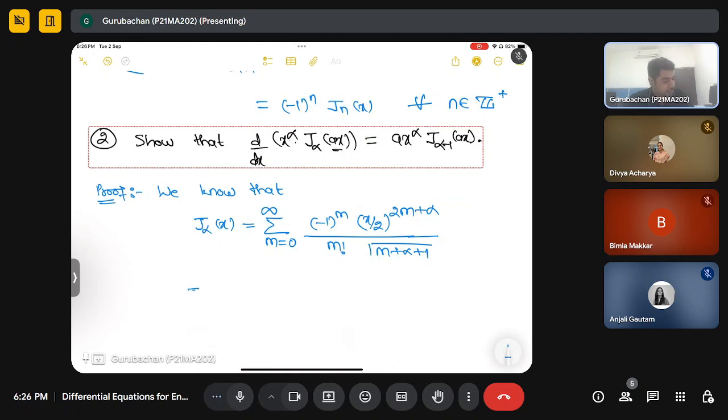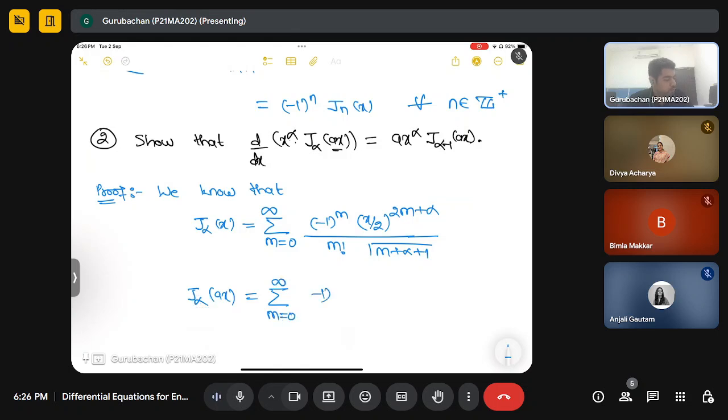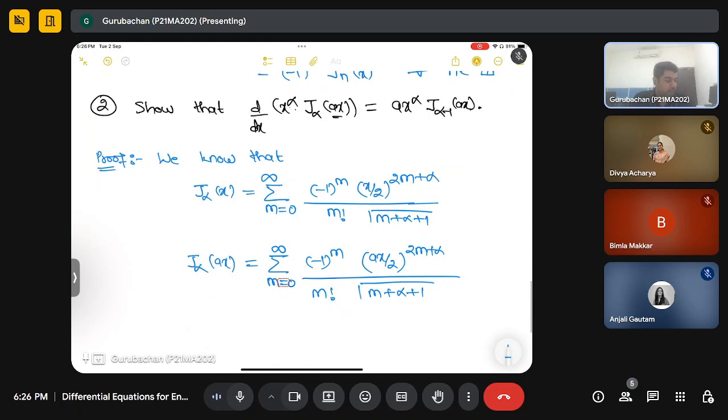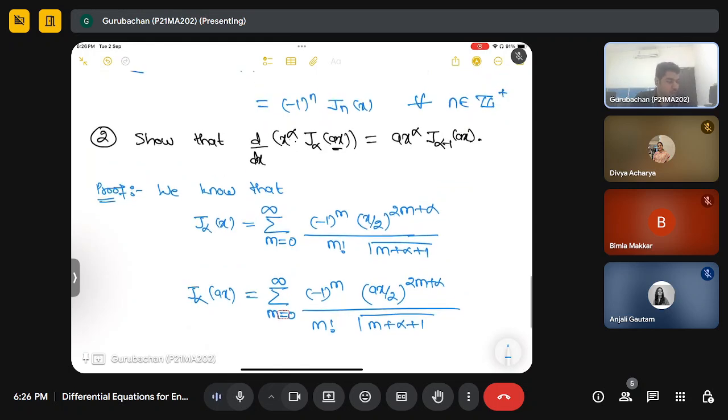So J alpha ax will give you the sum m from 0 to infinity, minus 1 to the power m, ax by 2. I am just replacing x by ax. So this will be 2m plus alpha, divided by m factorial gamma of m plus alpha plus 1. So we want to differentiate it, and multiply this first of all by x to the power alpha.